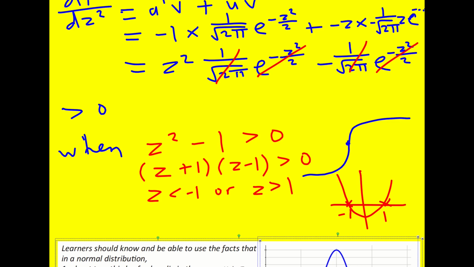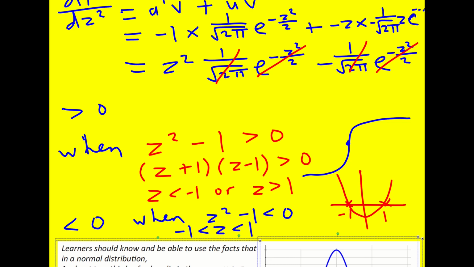I can actually see in this case that I would get away with setting it equal to 0, but I'm still going to go through with it. So less than 0, it would be the same process: when z squared minus 1 is less than 0, that's going to give me this region here, minus 1 less than z less than 1.